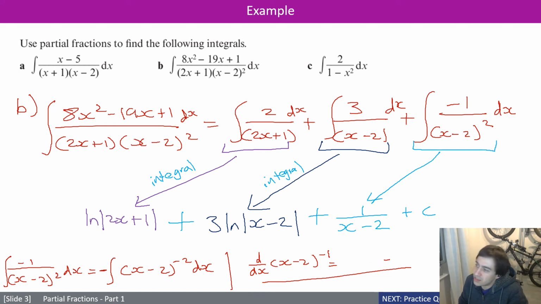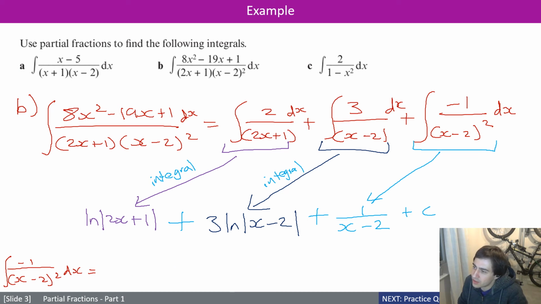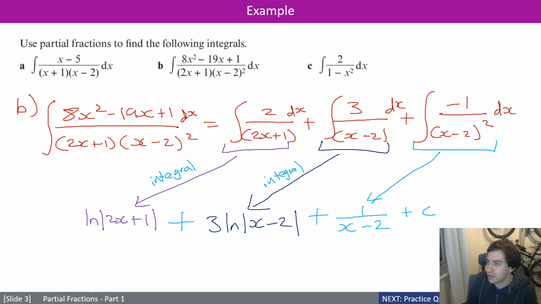So that is actually the answer in some sense, but we can collect the log terms together. By default, even if you're not asked to, you should be collecting together these log terms using log rules if you can. Whenever you've got the addition of two logs, it's considered simpler to have it as one log expression.